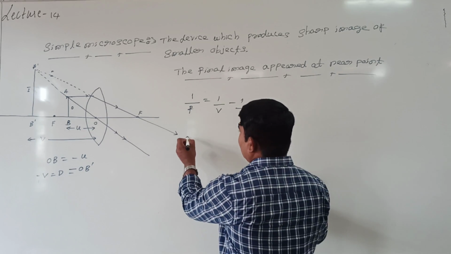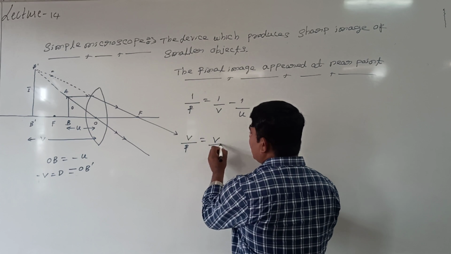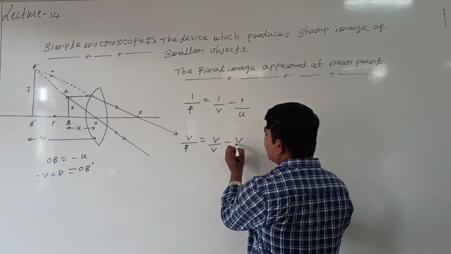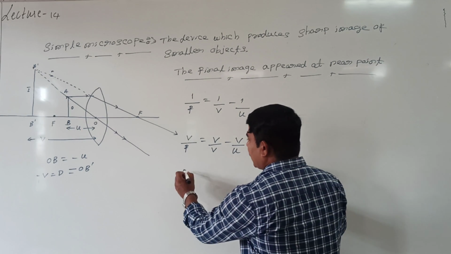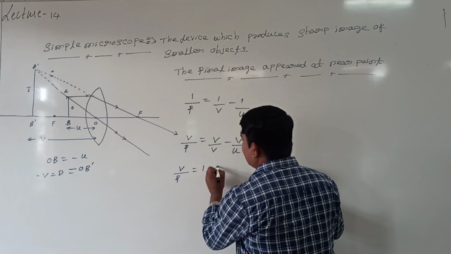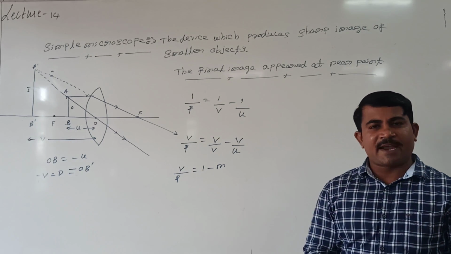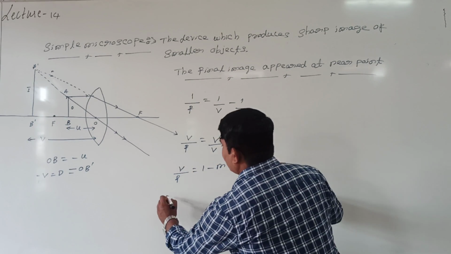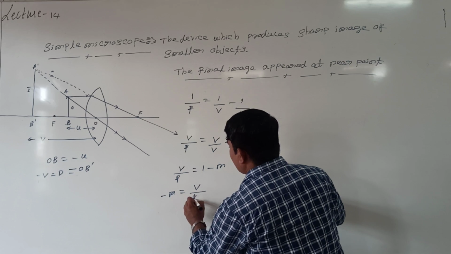We get V divided by F is equal to V divided by V minus V divided by U, or V divided by F is equal to 1 minus M, because the ratio of the size of the image to the size of the object we call magnification. Or else, minus M is equal to V divided by F minus 1.